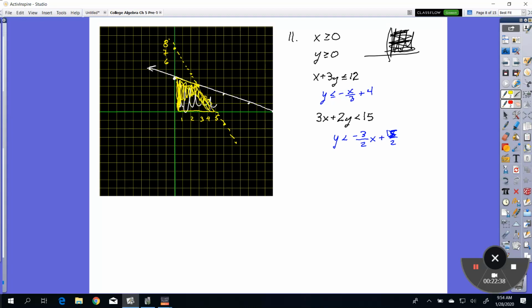And that's the intersection point. If you want to be super good and help me out a lot, you'd put this point is 3, 3. This point is 0, 4. This point is 5, 0. And this point is 0, 0.